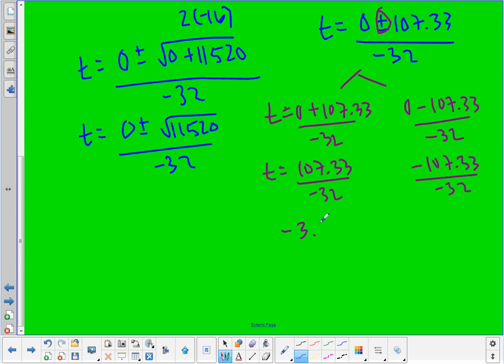Over here, negative 107.33 over negative 32 gives me a positive answer. Sorry, that's a lot to say. So again, two possible answers, but I'm talking about time. I can't have a negative time, so this whole thing is out. This has to be my only answer, 3.35 seconds.